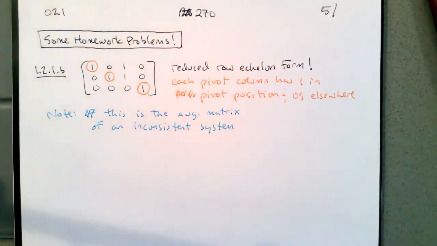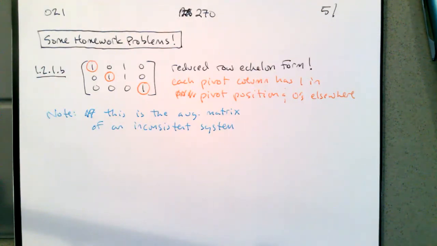That wasn't relevant to this problem. That's not relevant to whether it's in reduced echelon form or not. That's just what we would conclude based on the reduced echelon form. So if I said, is this in reduced echelon form? The answer is yes. If I ask the question, is this the reduced echelon form of a consistent system?